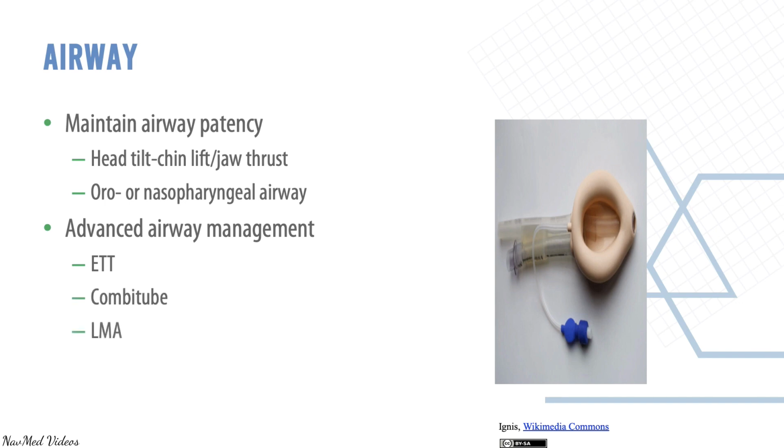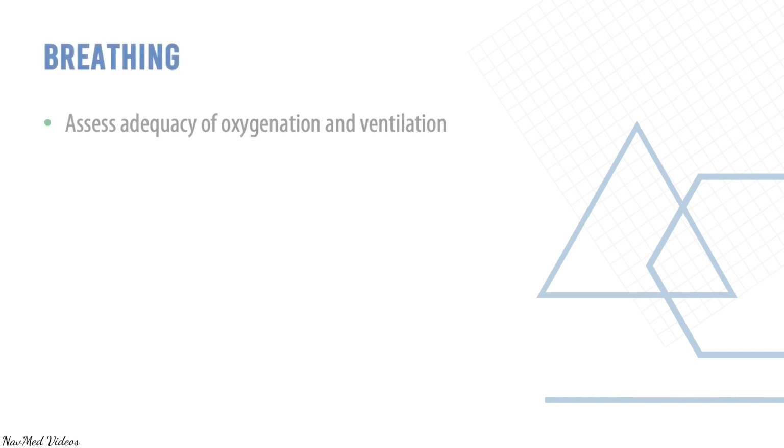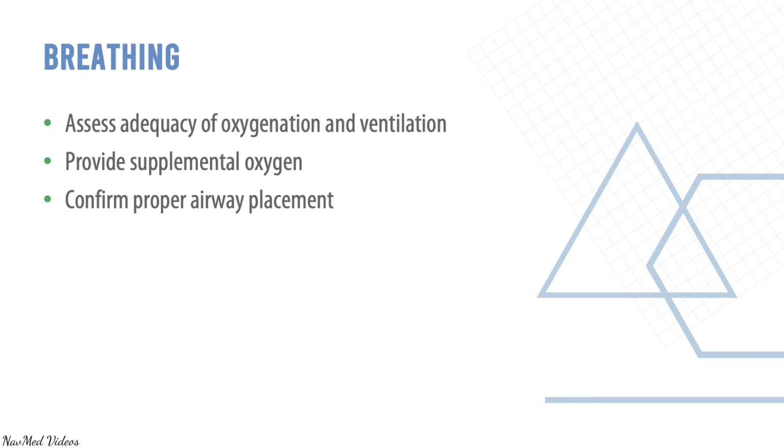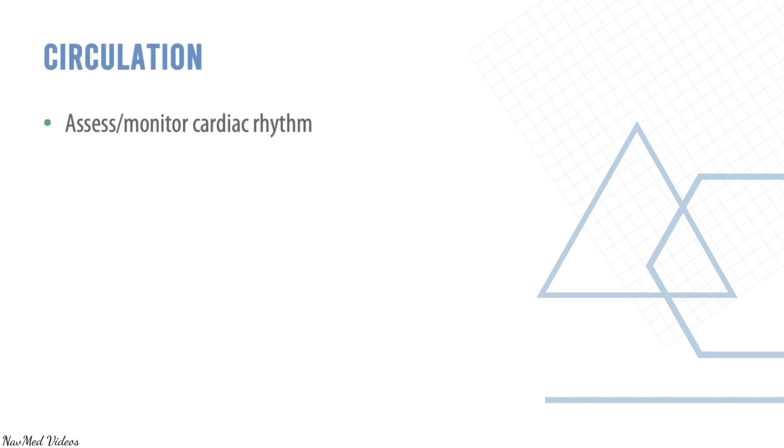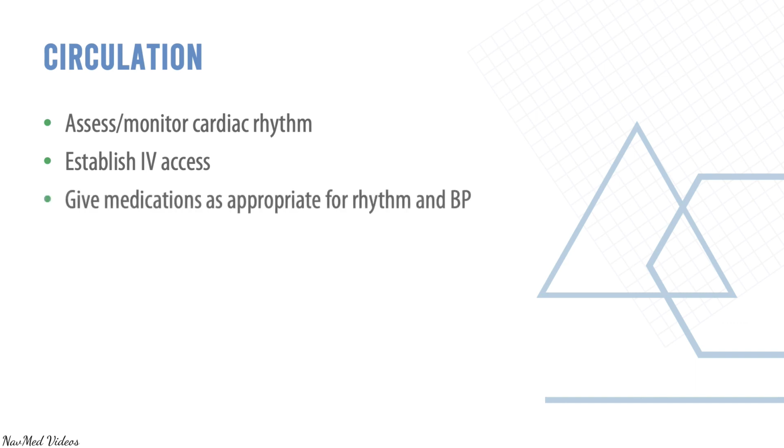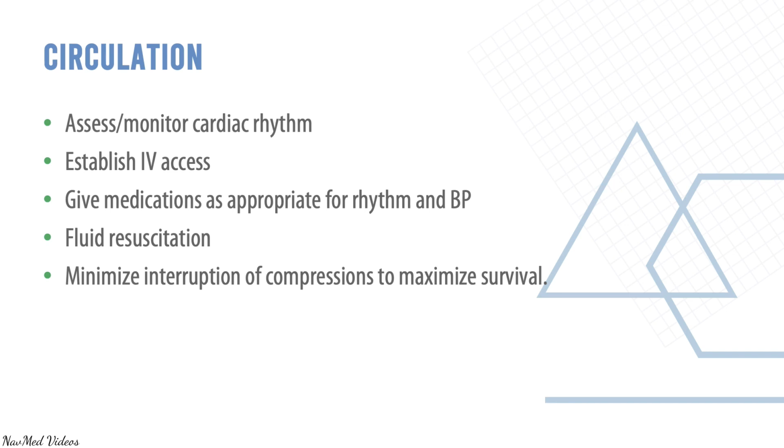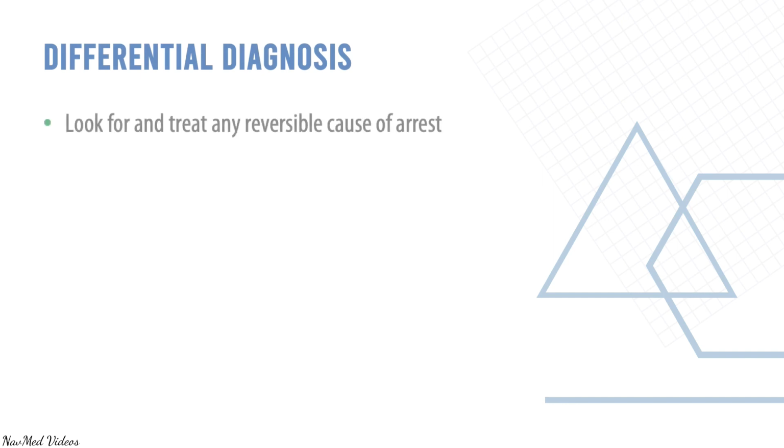Breathing: assess adequacy of oxygen and ventilation, give oxygen, confirm that you've placed the airway properly and secure your endotracheal tube. Next come to circulation: assess the rhythm, IV access, medication, fluid resuscitation is what's basically covered in circulation. So airway, breathing, circulation, differential diagnosis: look for and treat any reversible causes of arrest.